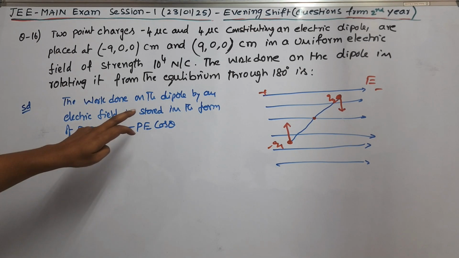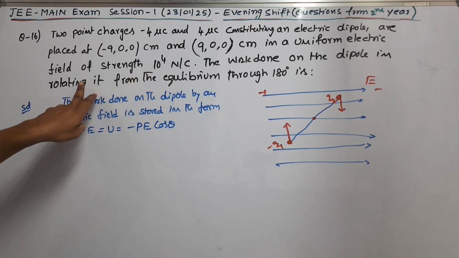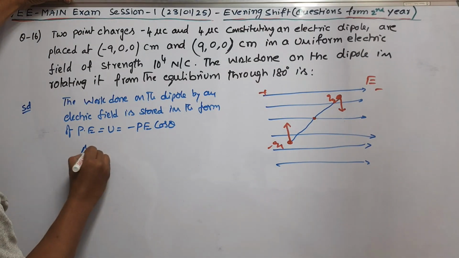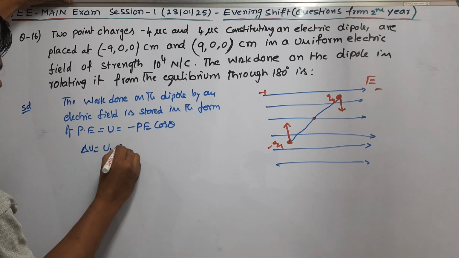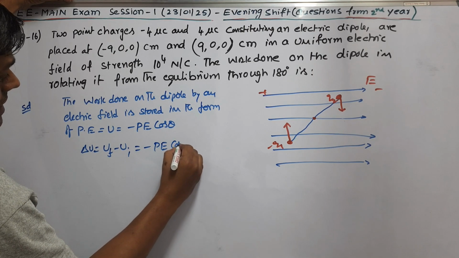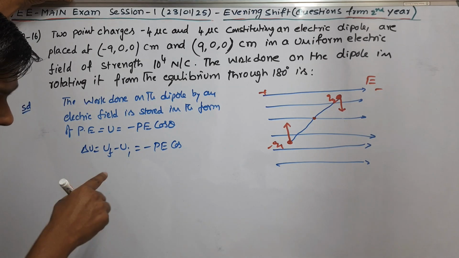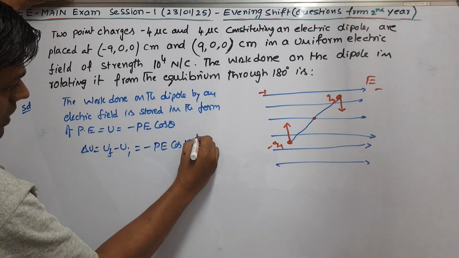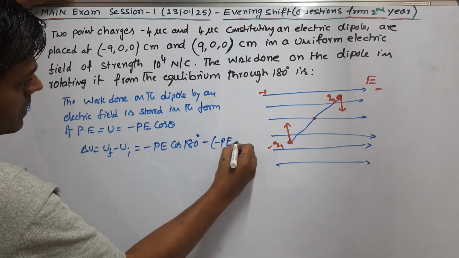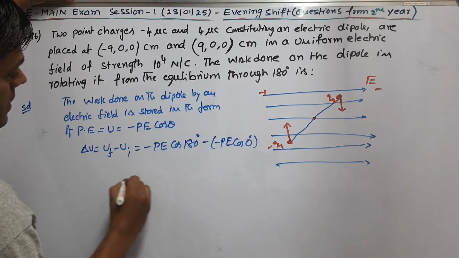This is rotating from equilibrium through 180 degrees. That means delta U is equal to U final minus U initial, so minus P E cos 180 minus, minus P E cos 0 degrees.